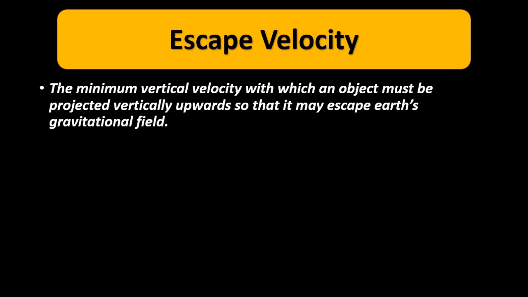Now let us try to find a mathematical expression, a formula which will give us what should be the escape velocity for a satellite of a certain mass being carried by a rocket of a certain mass, from the surface of the Earth.